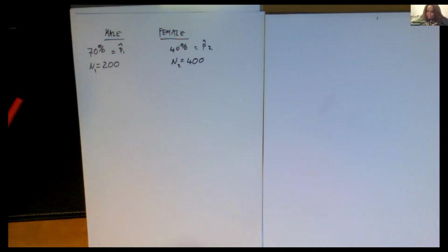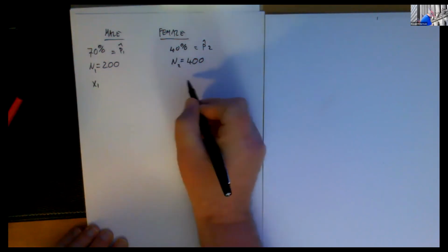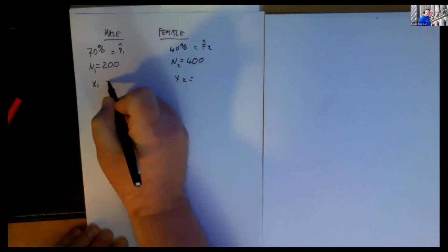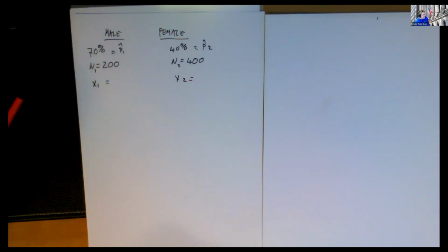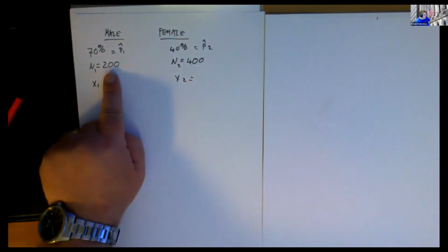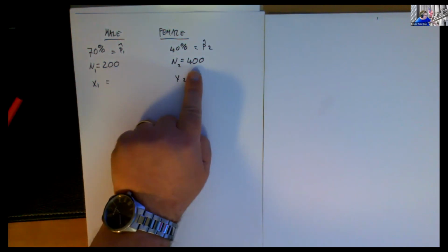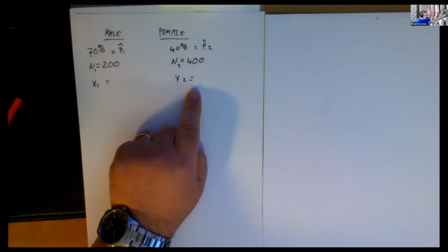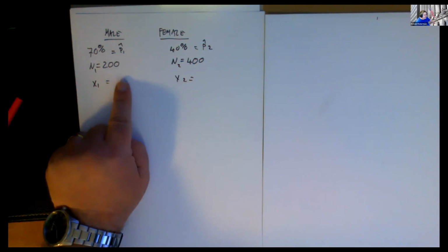But if I'm going to use my calculator, don't I need to know X1 and X2, which is how many people out of that 200 said I like sci-fi movies, and how many out of that 400 women said I like sci-fi movies? So we've got to get that number to go into the calculator. So how am I going to find out what it is based on what's in front of you?